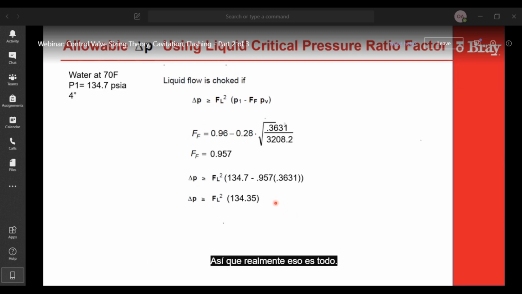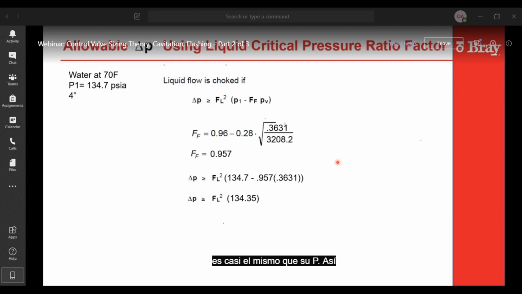So that's interesting. In this case, I took an upstream pressure of 134.7 P1 psia, and F sub L squared times this resulting 134.35 is almost the same as your P1.